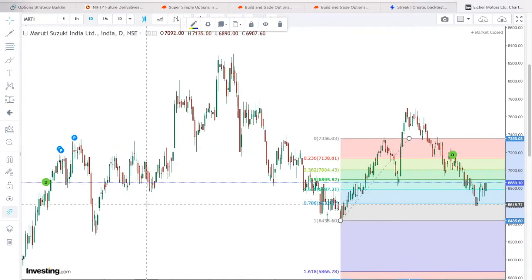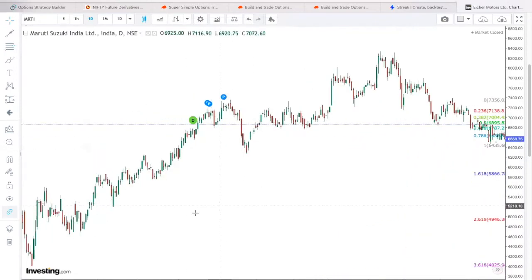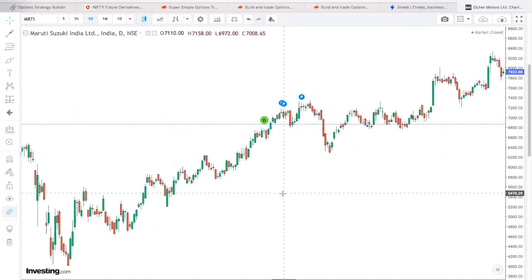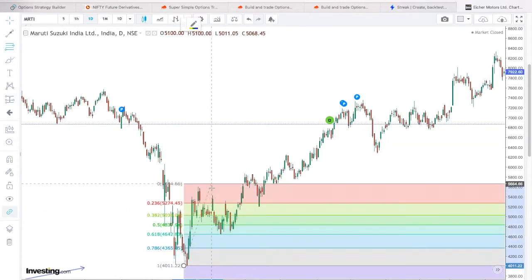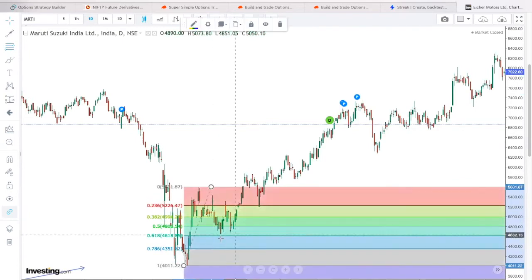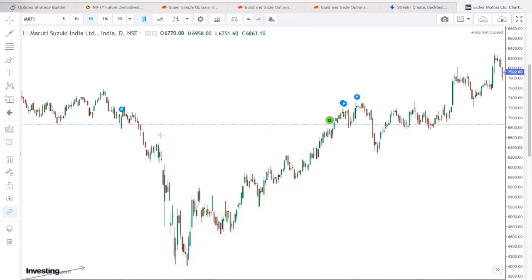Wherever you see some peak, just apply this and see the result. So let's say you want to apply from here. This is a daily candle, applied and saw it took support near 0.61 golden ratio. 0.61 is very important now. Next, again it started an uptrend.